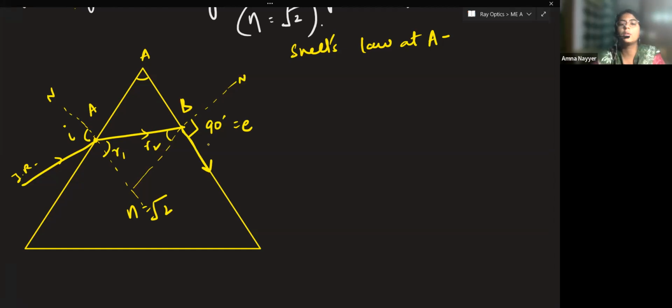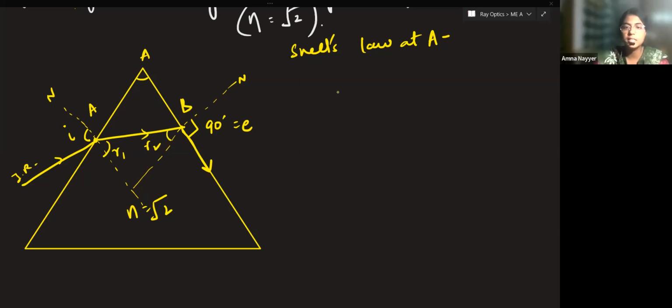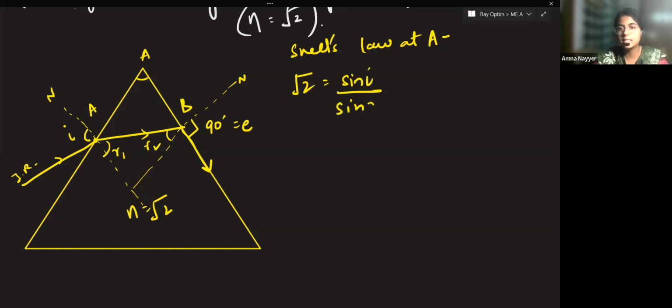How will you write Snell's law at point A? What is the formula of Snell's law? Sin i by sin r is equal to the refractive index. So here the refractive index is root 2, sin i is here and sin r is R1.